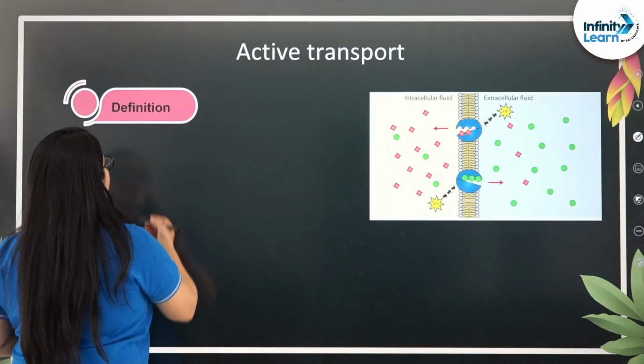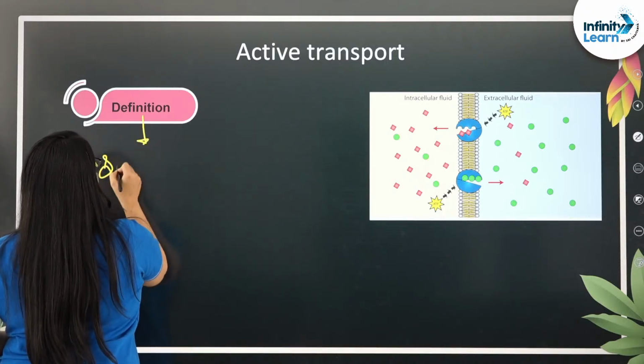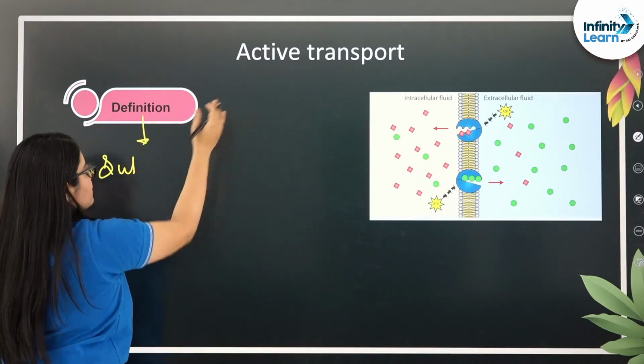So by the definition, I can say here substances move using active transport.